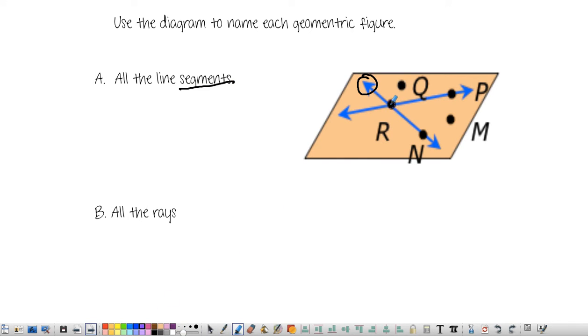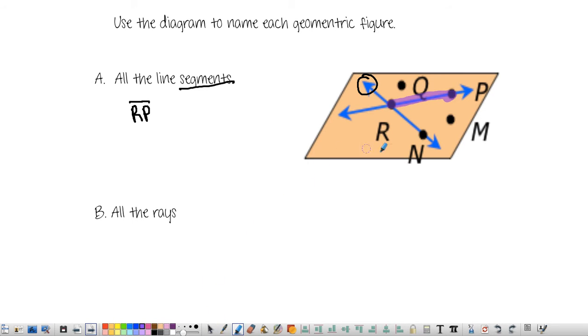So if you look here, you have from R to P. I know P is written way over here, but it does go with this point. So you have line segment RP. Okay, so you're only talking about this portion of the line right here.